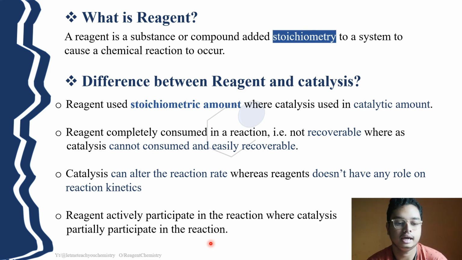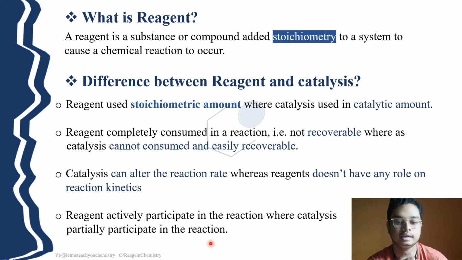altered. Okay, and after stabilizing the energy of the particular transition state, the catalyst leaves the system, and we get our product back. So the catalyst isn't present in the final product.